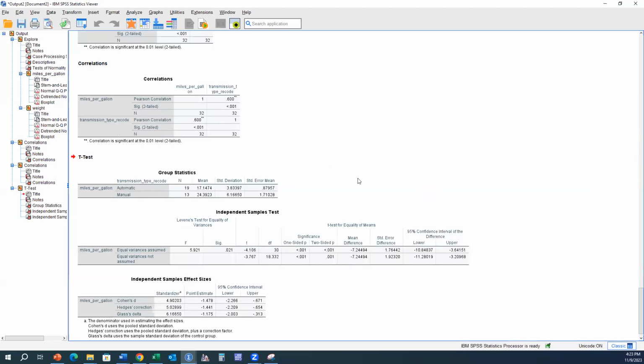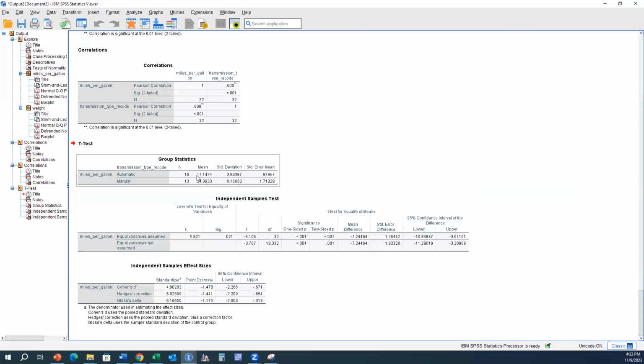So what this is going to give you is the mean mileage for automatic cars and the mean mileage for manual. What are the average mileage amounts for automatic and manual cars? That level of detail is not provided in a point biserial correlation, so I tend to run a t-test instead. And then we do have a significant difference identified.